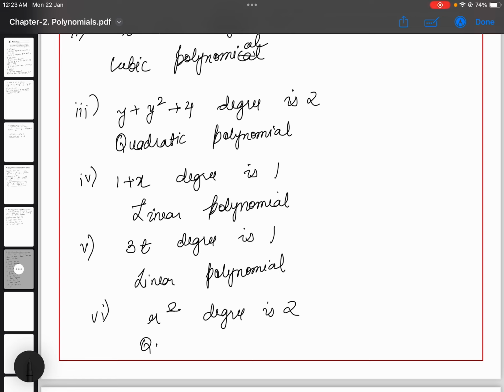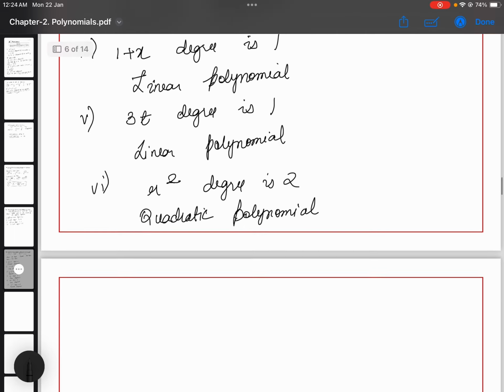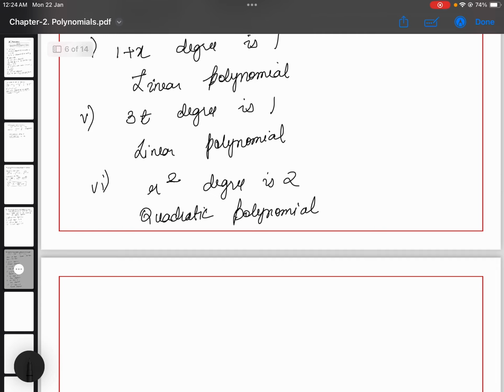So this is a quadratic polynomial. Okay, and the last, question number 7, is 7x cubed. So the degree here is 3, so this means it's a cubic polynomial.